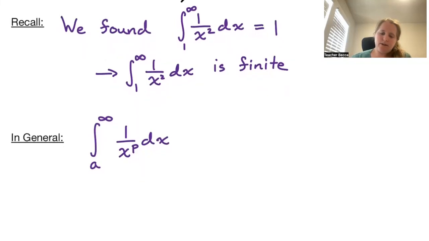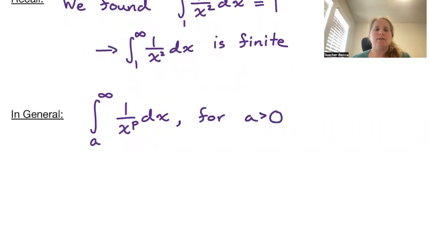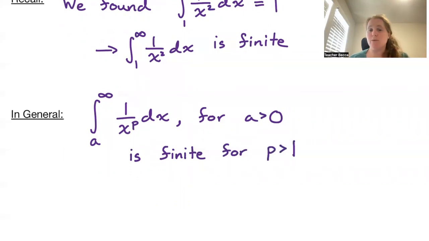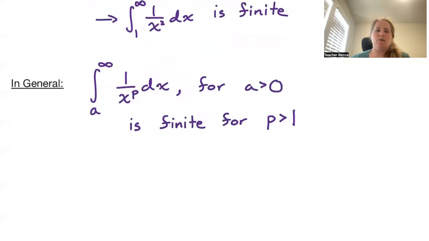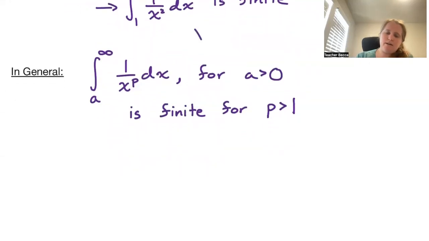It turns out that for a greater than 0, this is finite for p greater than 1. So for x squared, our p was 2.